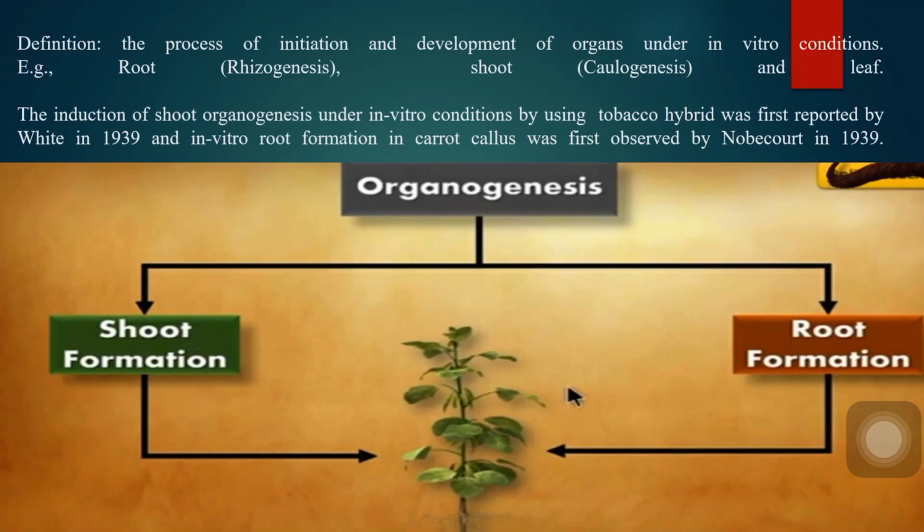And root formation was observed by Nobecourt in 1939, who took a carrot root callus, where he observed the root formation. These two scientists were the first who observed root and shoot formation. Shoot formation was observed in tobacco plant, and the root formation was observed in the carrot callus.